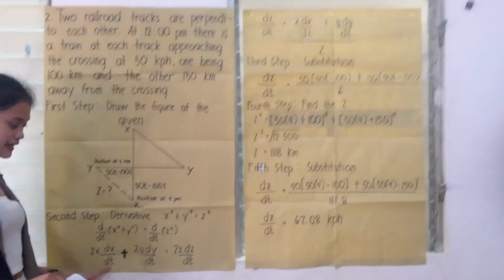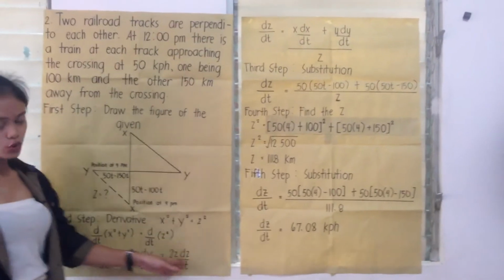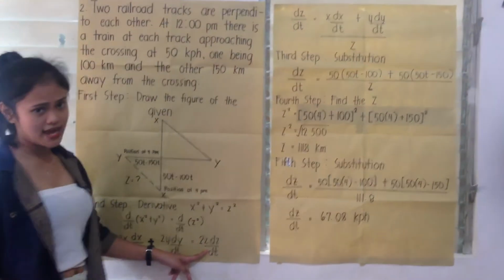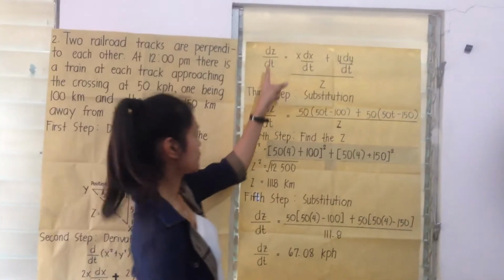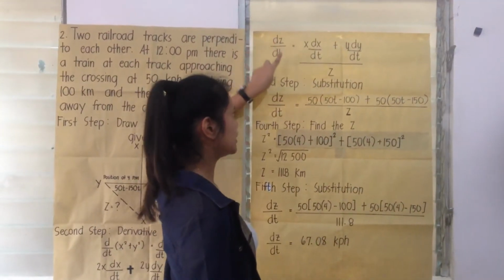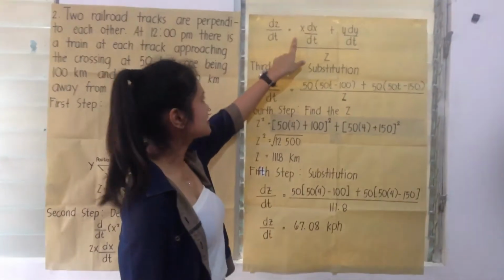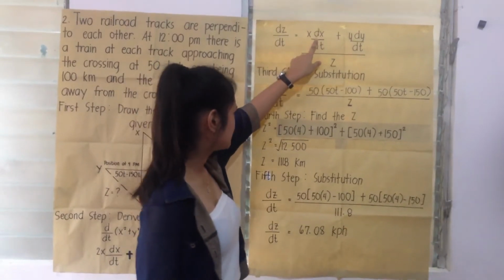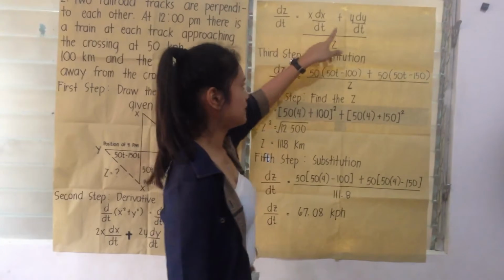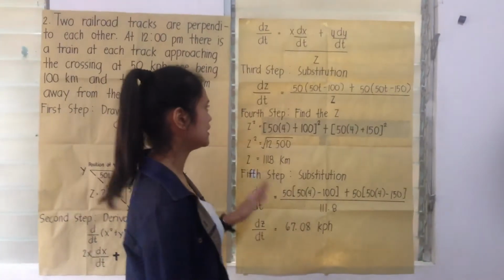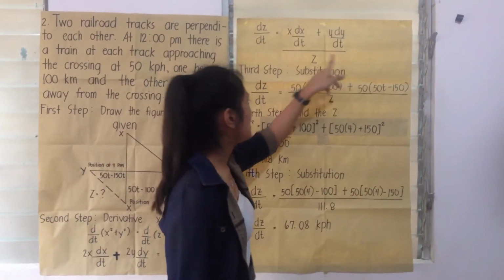So we will cancel the coefficient by dividing by 2 in order for us to get the z, which is what we are looking for. So we now have the formula: dz over dt equals x times dx over dt plus y times dy over dt, divided by z.